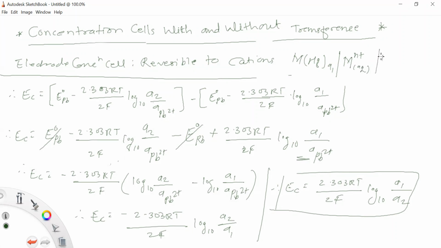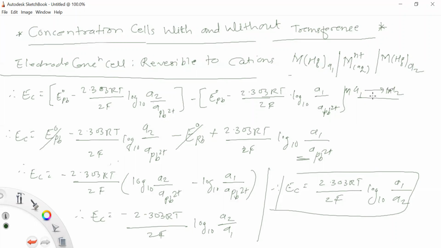And the second electrode having a concentration of this one and their activity is different. So in this way, this is the general representation of any kind of electrode concentration cell whenever it is reversible to cations, right. And their cell reaction, it is this activity from A1 to the A2, right. So this is the metal A1 and this is electrode, this metal A2.